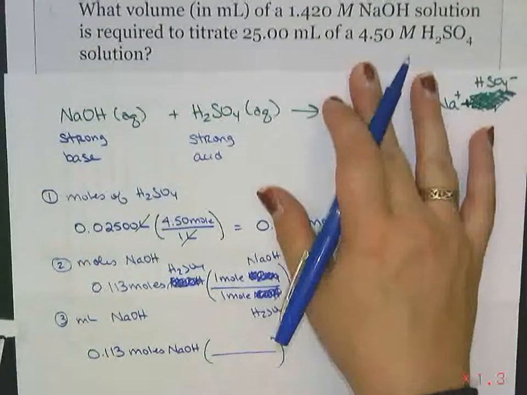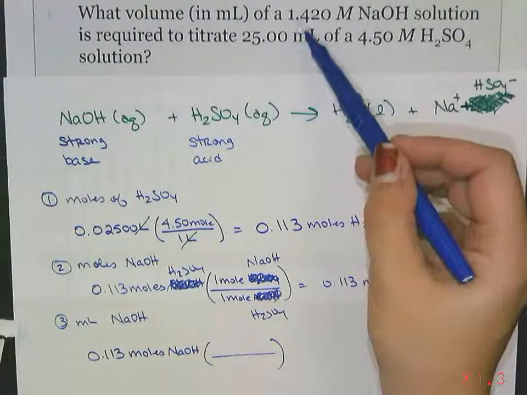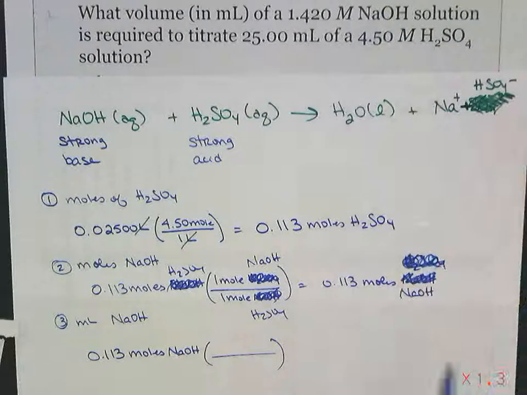All right, so if I have 1.420 moles per liter, do I want to put the 1.420 on the top or on the bottom? Bless you.